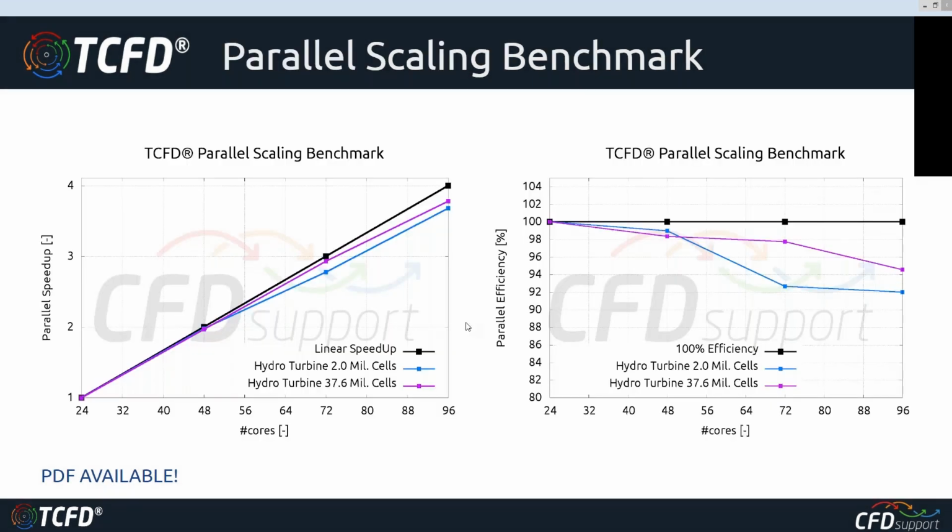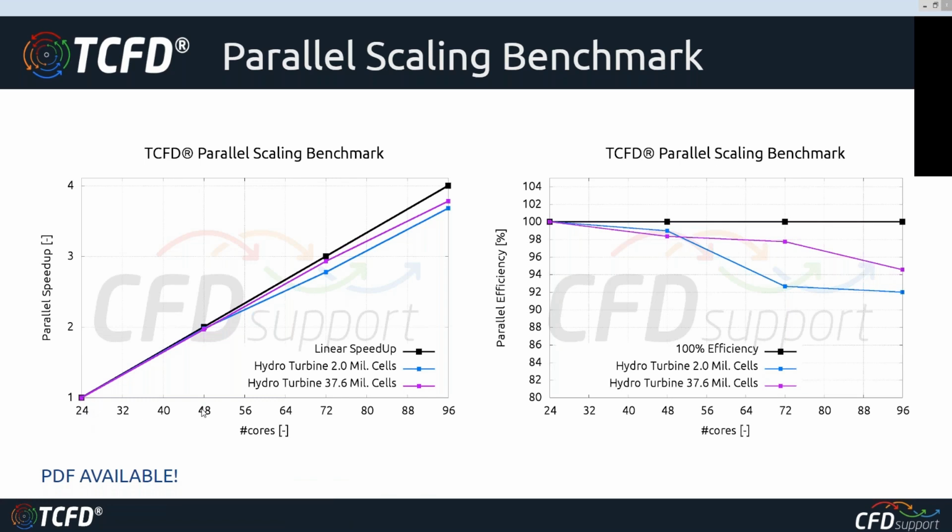Yeah, for any code, for any workflow, it is extremely important to scale well or very well. So we also did a parallel scaling benchmark on a hydro turbine, where we refined the mesh many times, and for that we have used TCFD to show the parallel scaling ability of TCFD, and the results are really great, which you can see here.